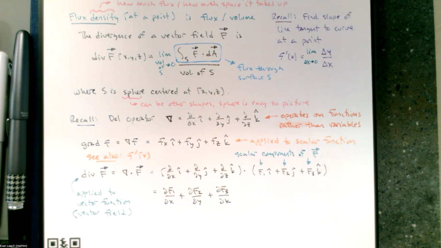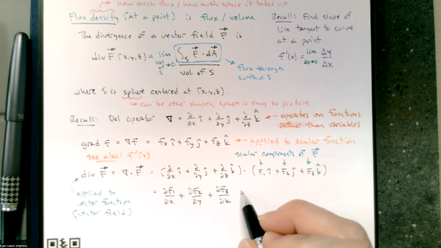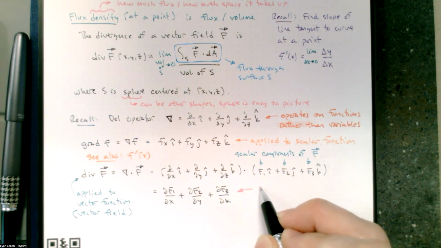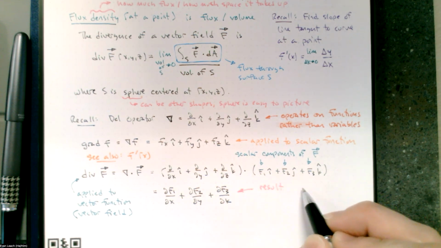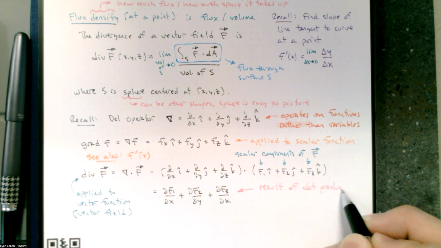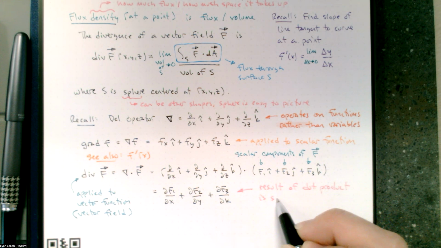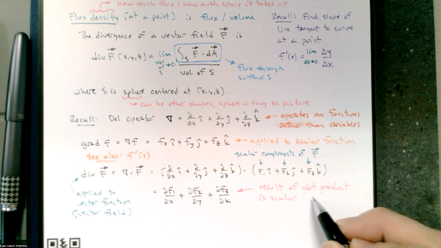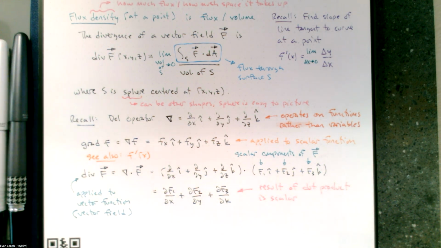Note that this is a dot product, so we're getting a scalar function. The result of a dot product is a scalar. In this case, it's a scalar function.